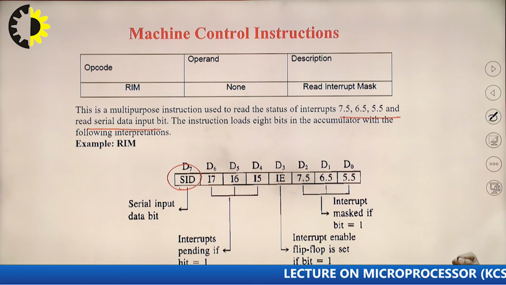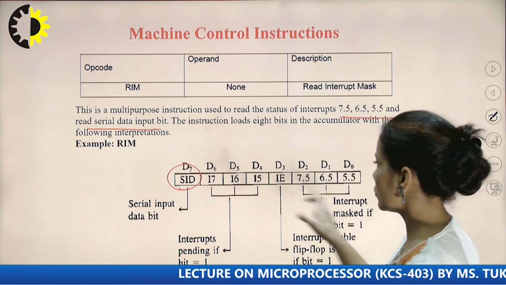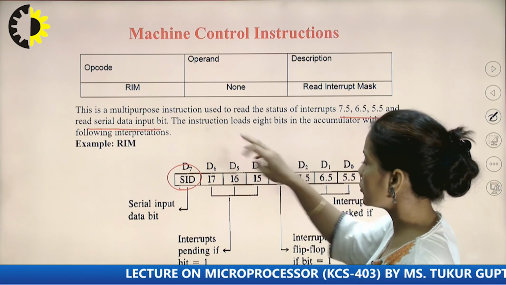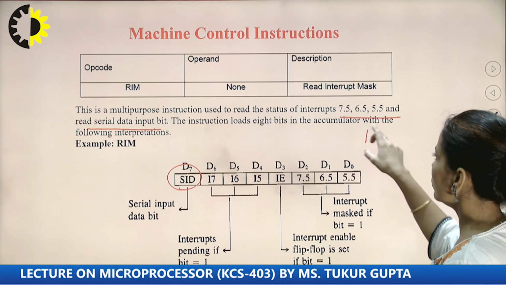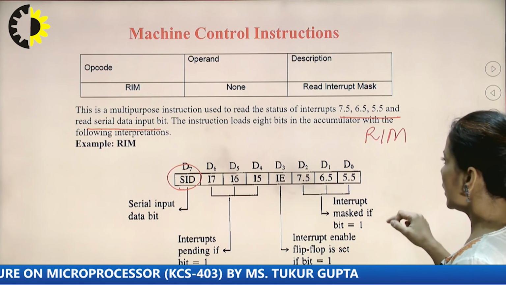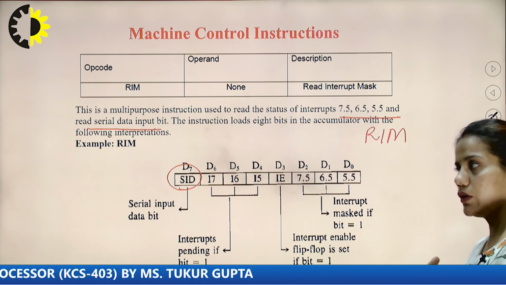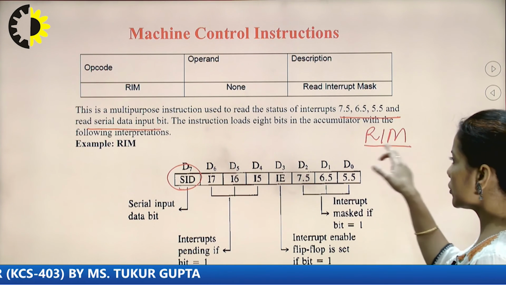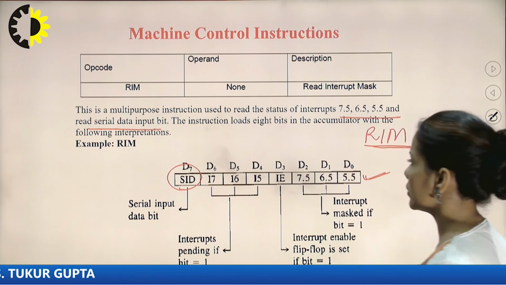So how will you use this instruction? Suppose you want to read the status of all the bits. You will execute this instruction and then read the contents of the accumulator. After executing this instruction, the contents of the accumulator are changed according to the functionalities mentioned here.